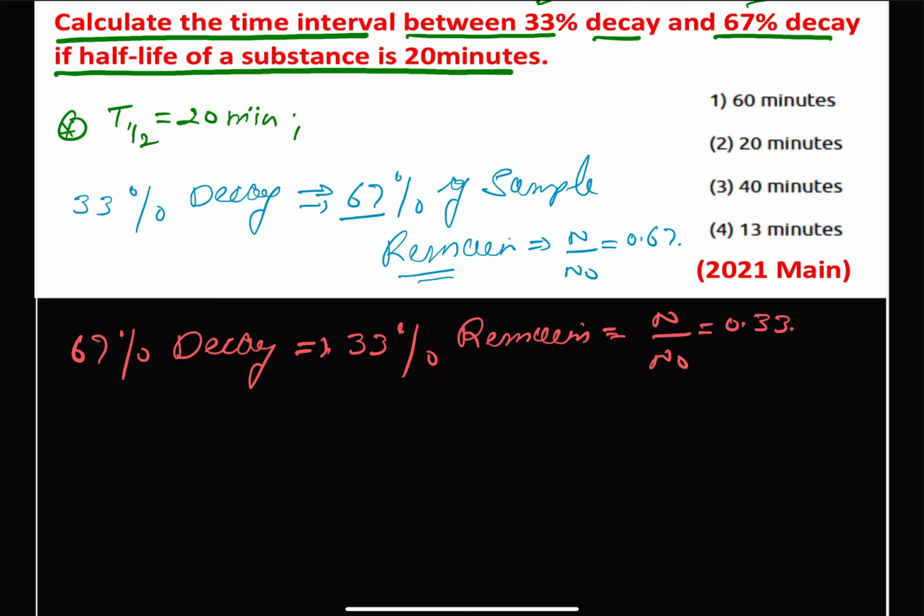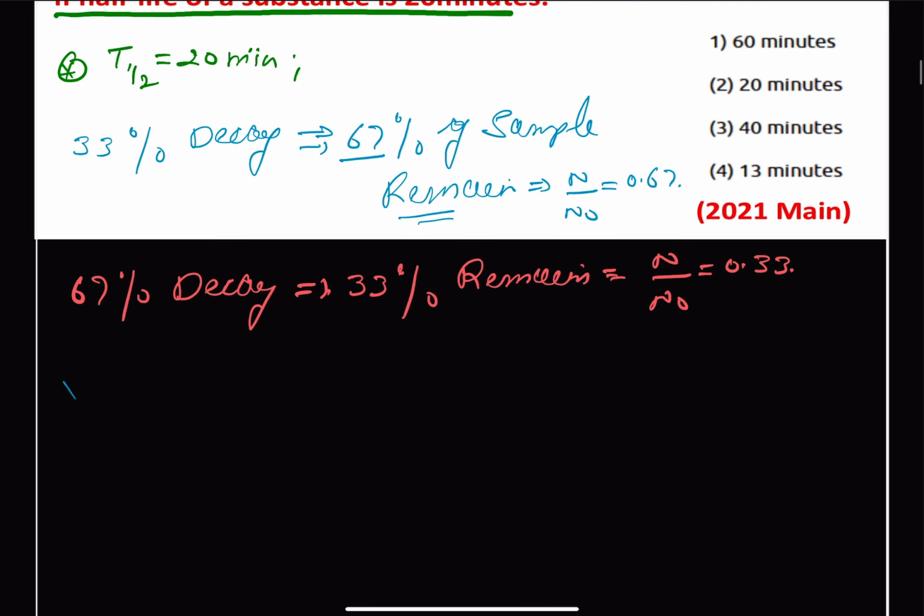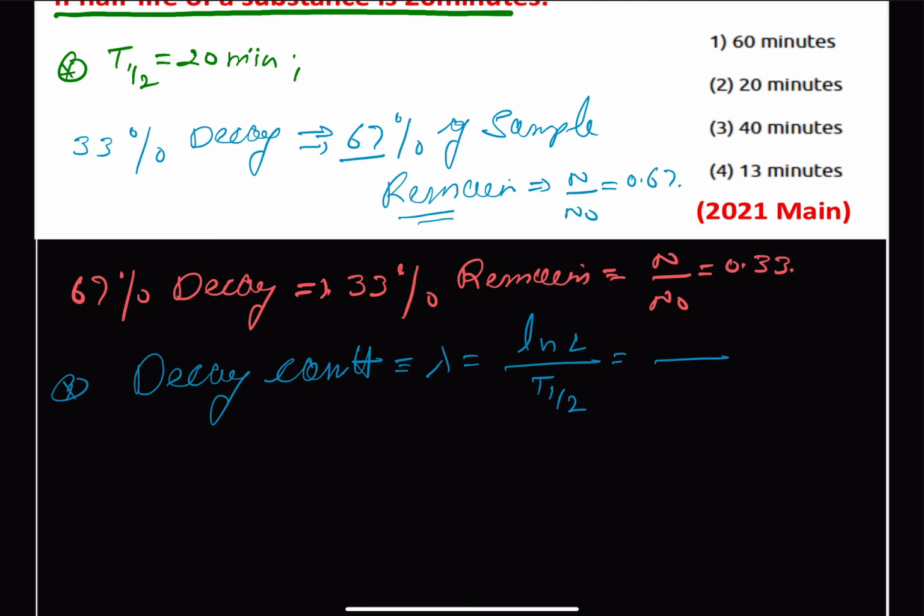And we know that our decay constant is lambda, and we can write that our decay constant lambda is equal to natural log of 2 divided by t half, which gives us 0.693.